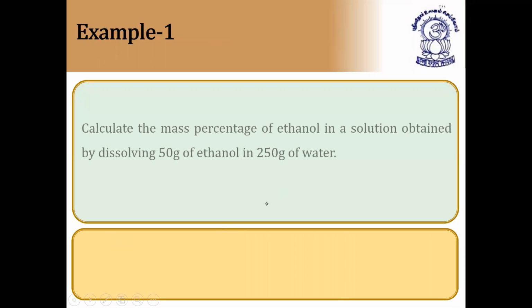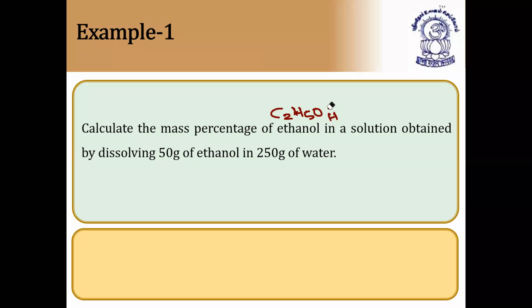Next, example 1, based on this. Calculate the mass percentage of ethanol, C2H5OH, in a solution obtained by dissolving 50 grams of ethanol in 250 grams of water. So they have given the mass of the component.